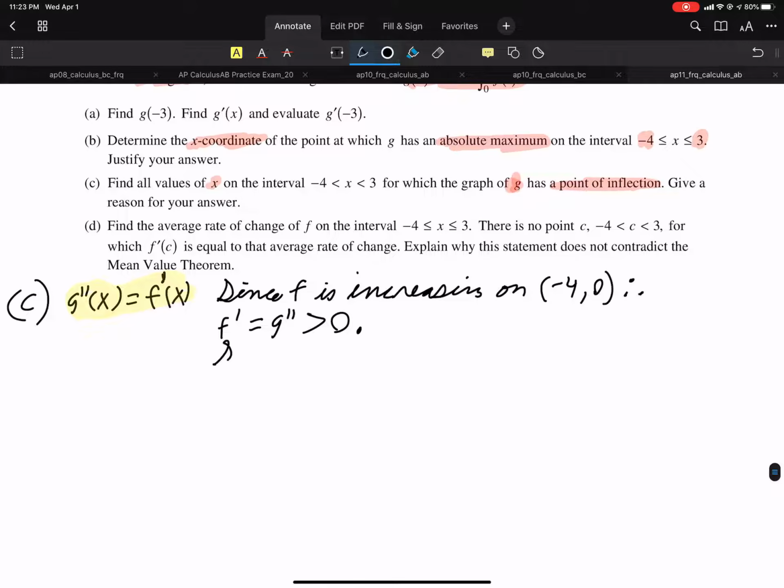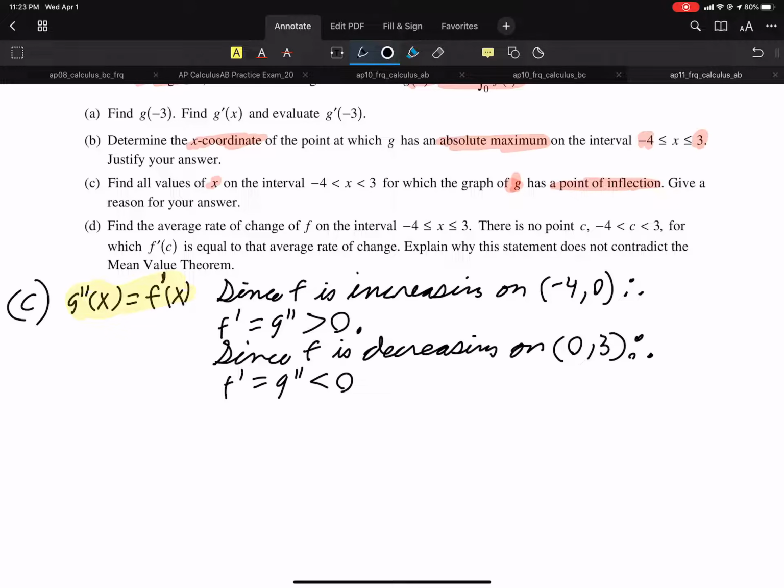So, since f is decreasing on the interval from 0 to 3, therefore, f prime, which is g double prime, is negative. I should have said on that interval.